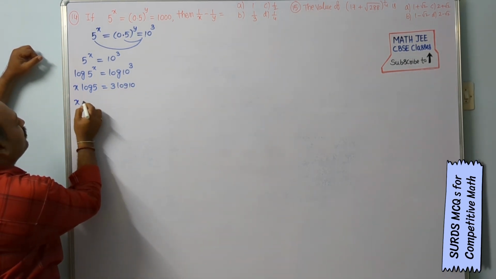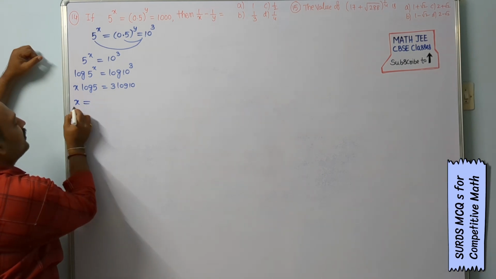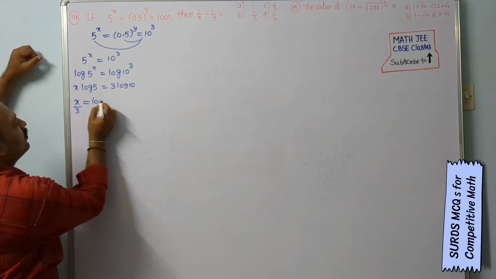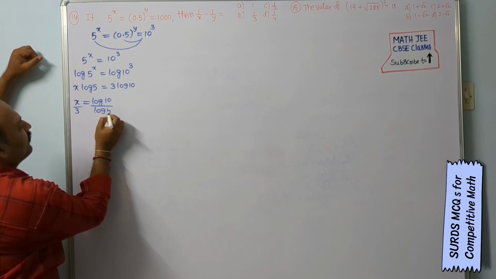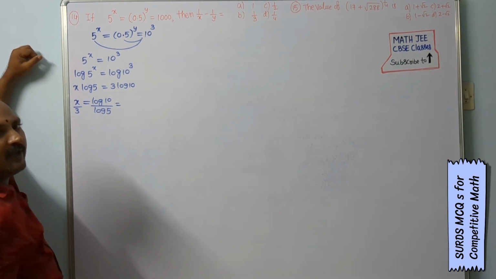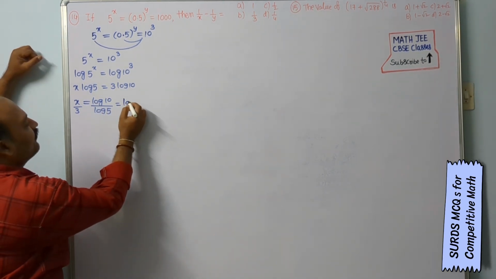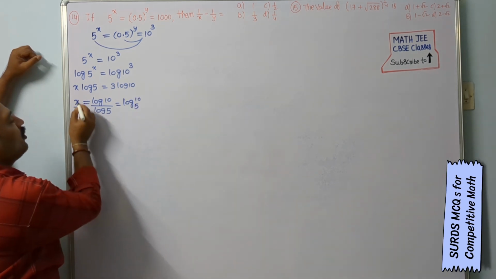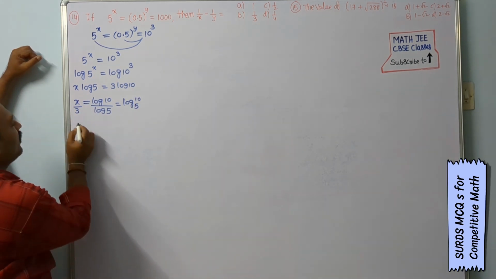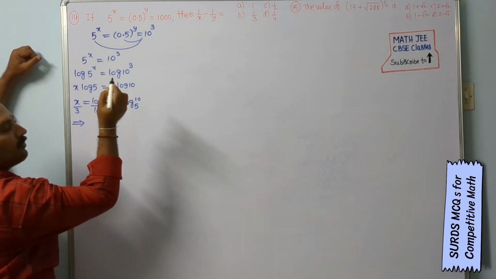So x is equal to... 3 bring this side, x by 3 equals log 10 divided by log 5. Log a by log b is log a to the base b. So log 10 to the base 5 is the value of x by 3. But I want 1 by x now.